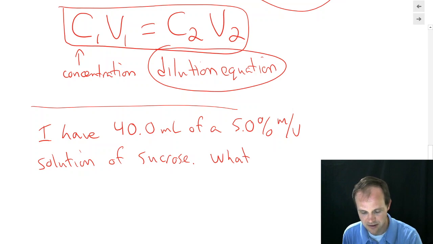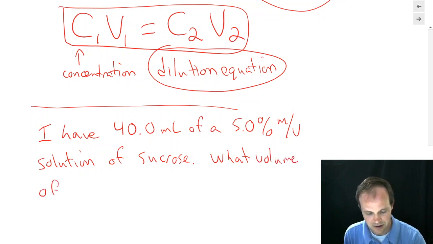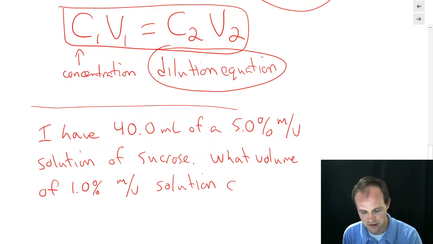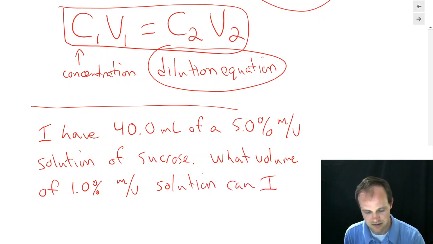What volume of 1.0% M over V solution can I make?